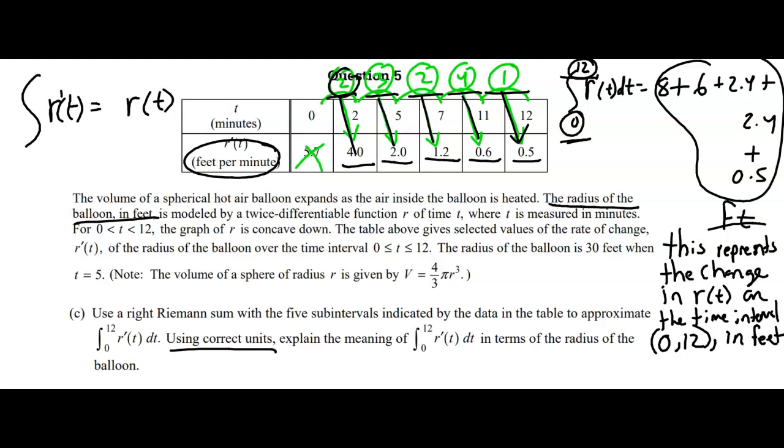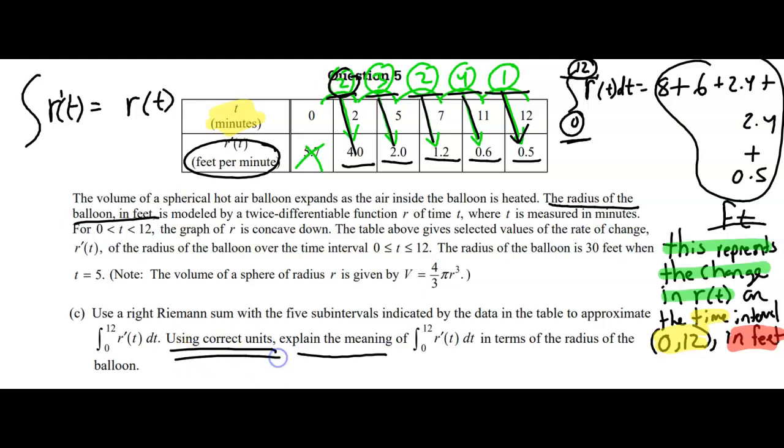So once again, when you guys are doing an interpretation, remember, you need your context. You need your input units, in other words, what your t, the input variable, is measured in. And then you also need your output units, which is feet. Okay? So 3 things are required for an interpretation when you're explaining the meaning.